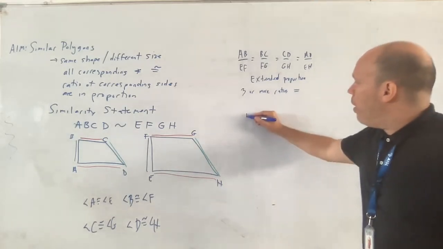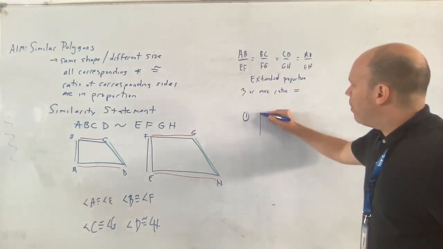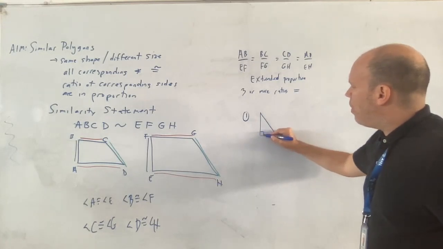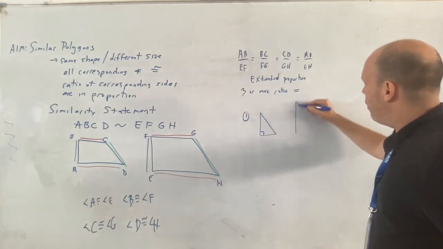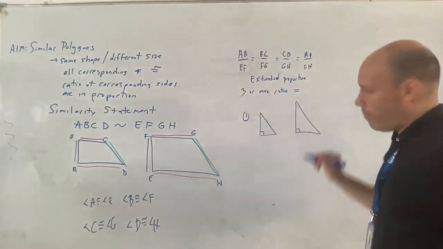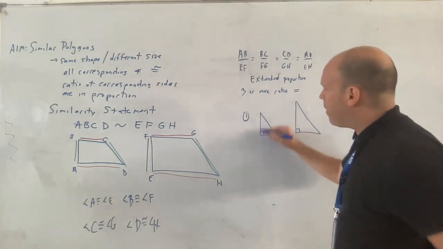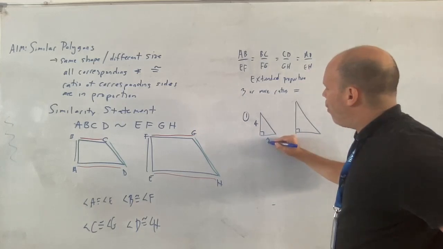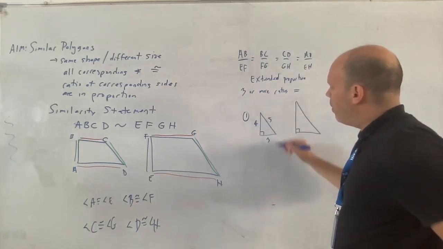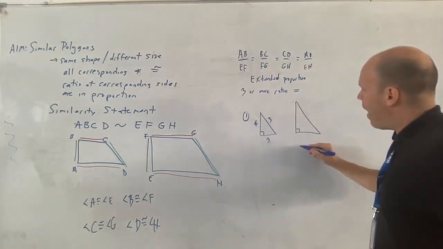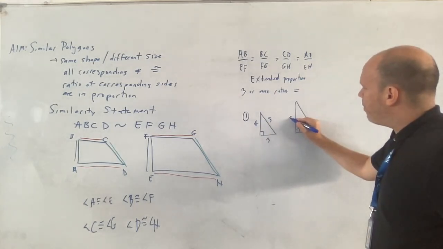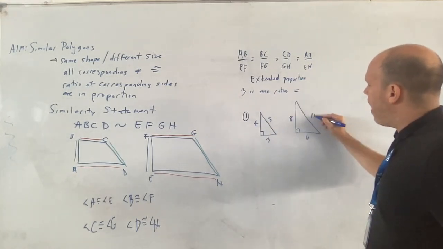Okay, a simple example. Let's start with example 1, two right triangles. Here's a right triangle, here's a right triangle. The smaller one has sides 4, 3, and 5. The bigger one has sides 8, 6, and 10.